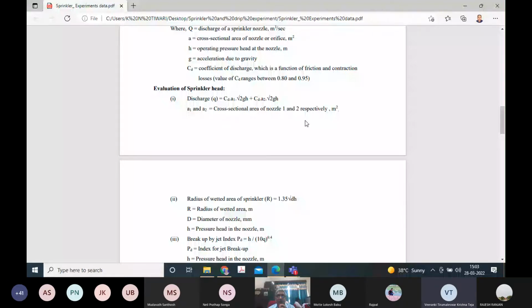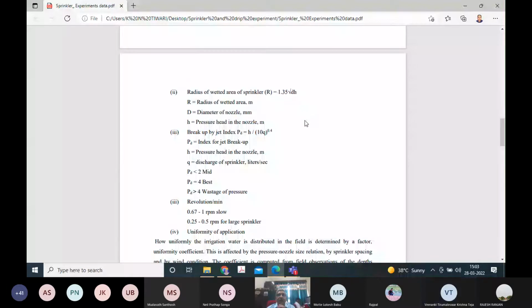Then another parameter of evaluation is the radius of wetted area. Of course, this is an empirical relationship which you can find out. Simply measure. Suppose the sprinkler is operated at a given pressure, what is the radius of wetted area? Because this is circular.